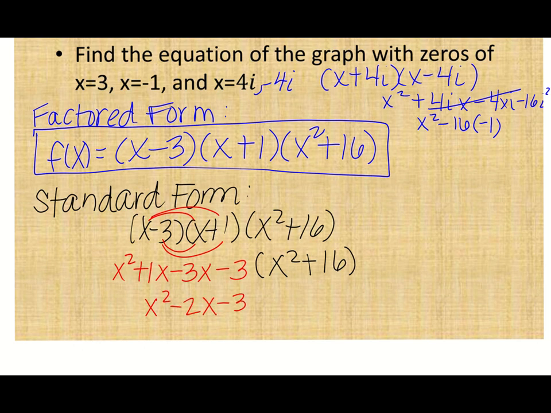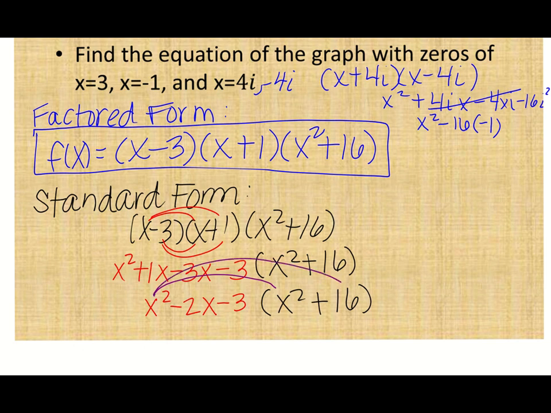And I'm going to take that trinomial and multiply it into this binomial. So now instead of just taking the first 2 terms and distributing them in, I have to distribute all 3 terms in. So I'm going to take x squared and multiply it in: x squared times x squared and x squared times 16.